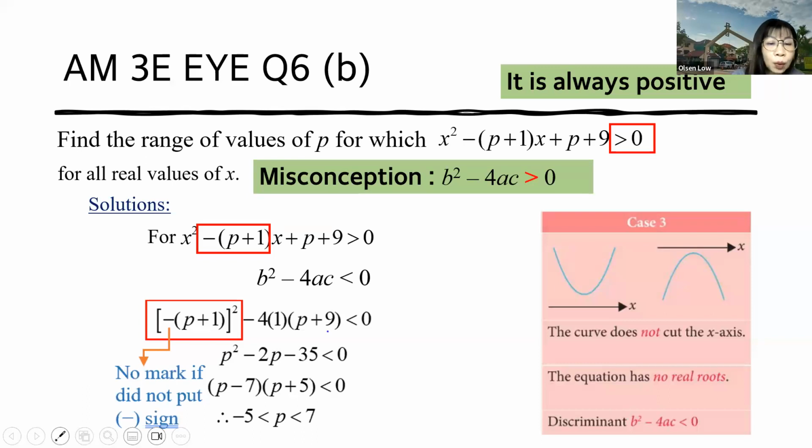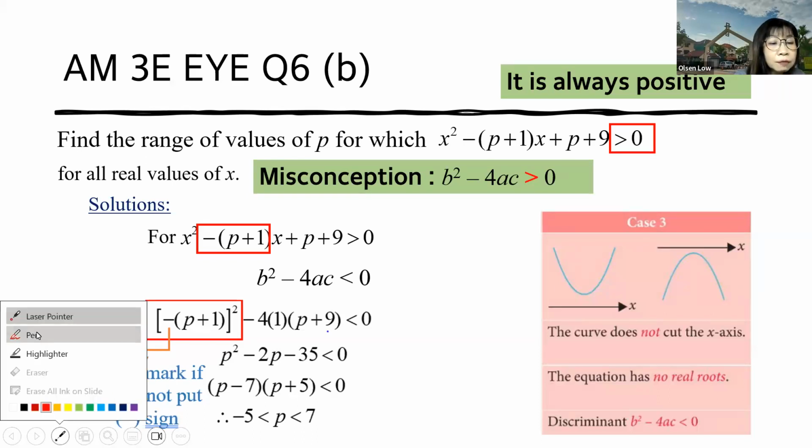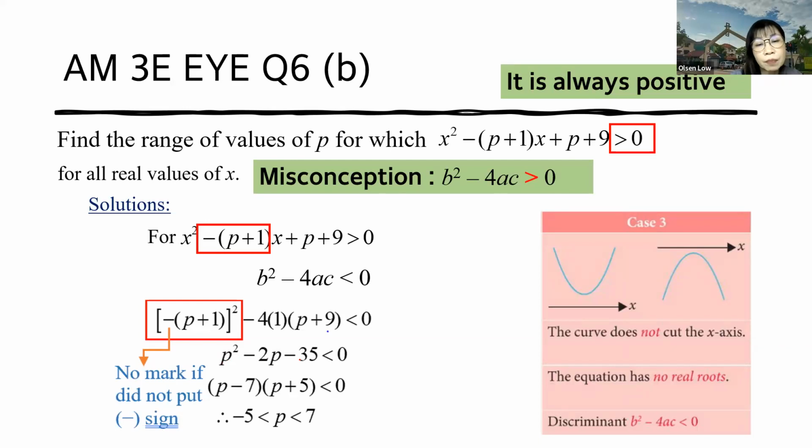Once you arrive at the quadratic inequality, you proceed by applying the skill of solving quadratic inequalities. We'll go through the steps again. What you have is a positive quadratic graph. Using the graphical method, this is my x-axis, and I sketch a positive quadratic graph. The two values that I have here are negative 5 and 7.